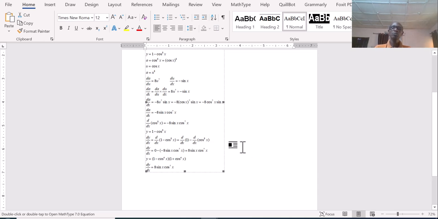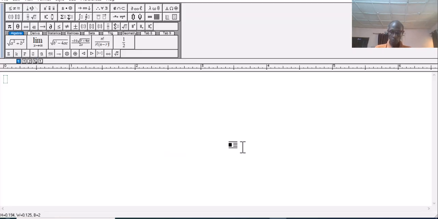So let me show the short method which we can use. y is equal to 1 minus cos to the power of 8 x, after I open up the bracket.